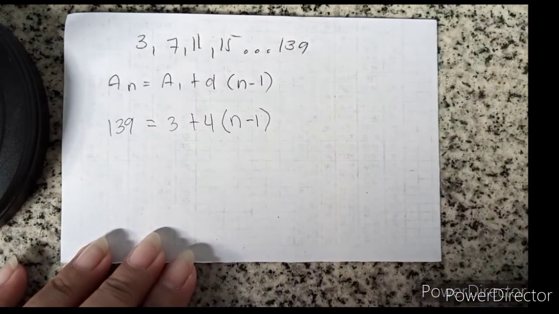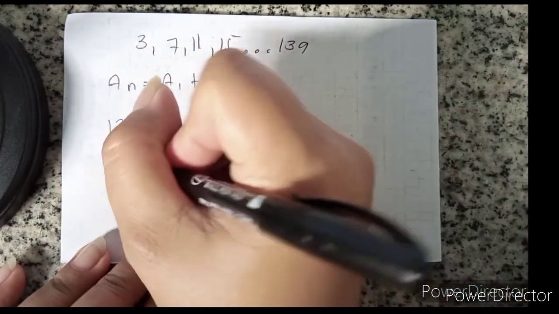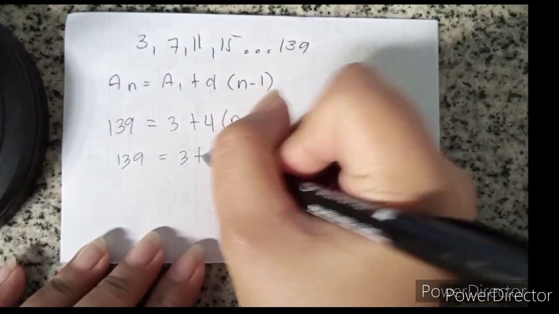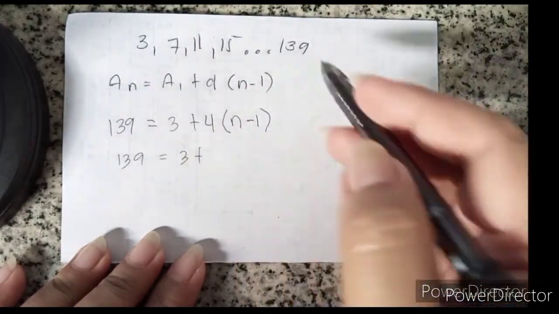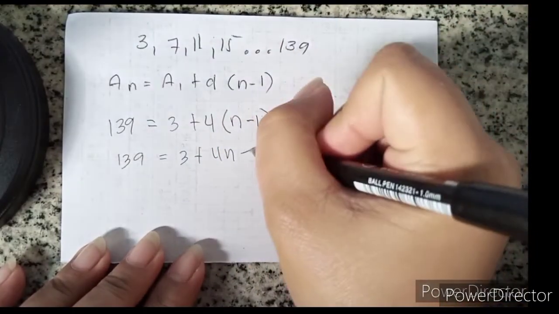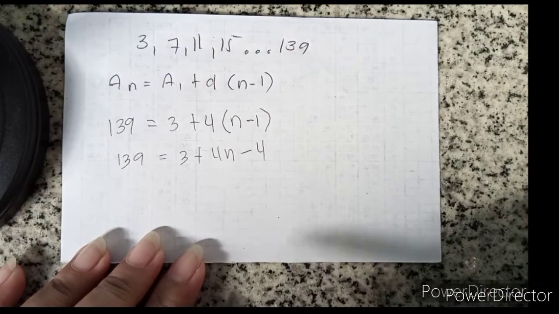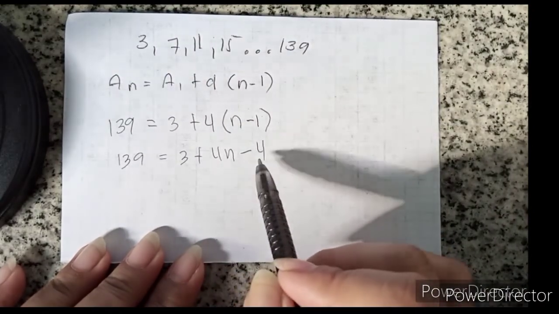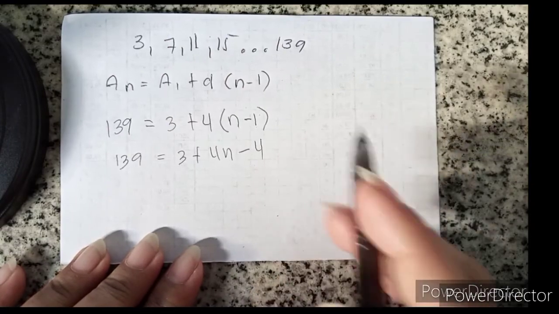Now let's simplify. 139 is equal to 3 plus the distribution, 4n minus 4. So 4 times n and 4 times negative 1. We have 4n and negative 4.